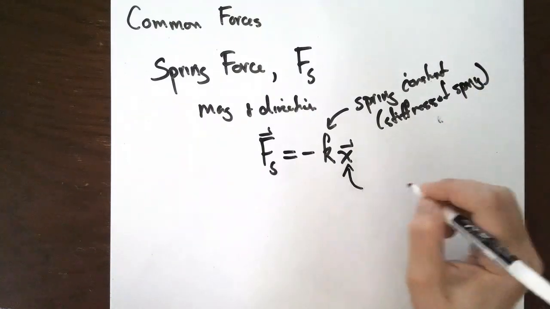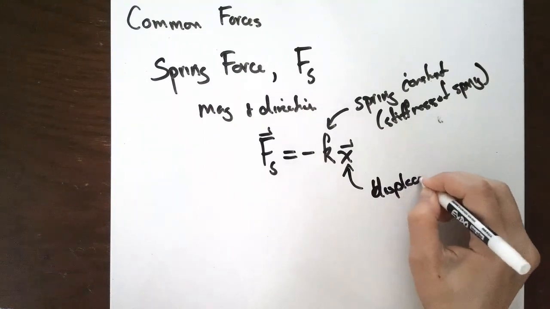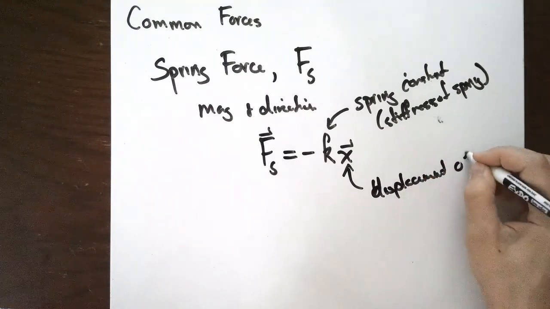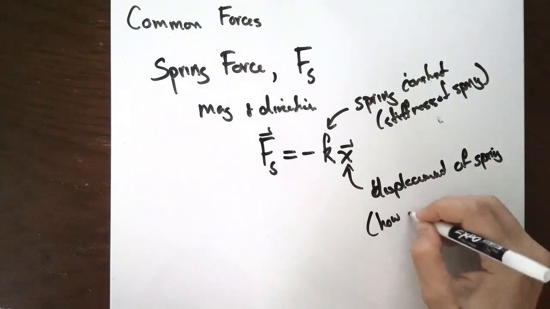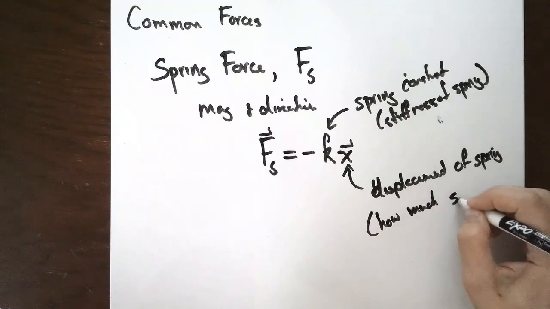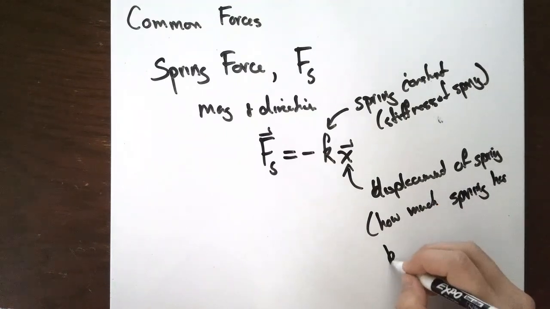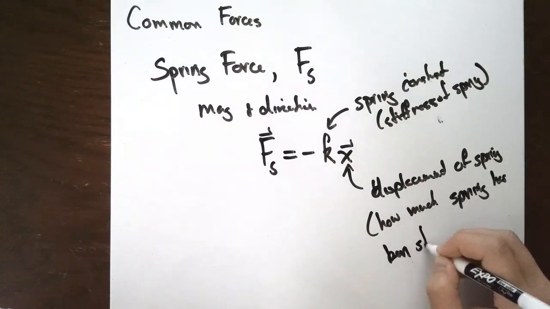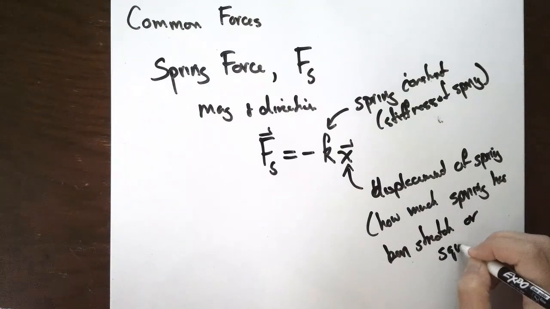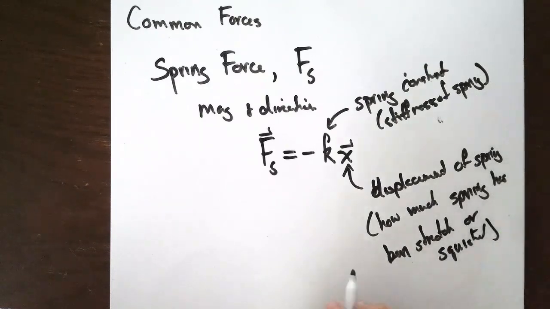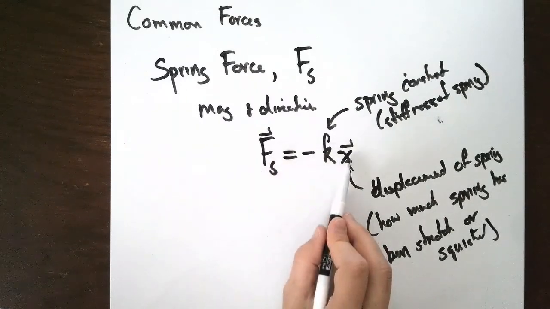And this is how much the displacement of the spring, and that's how much the spring has been stretched or squished. And the spring force is always opposite that displacement.